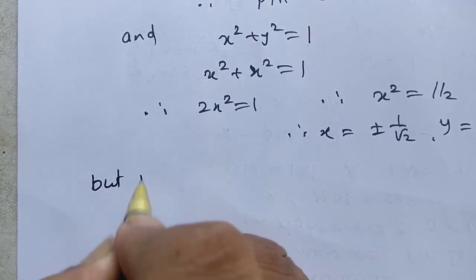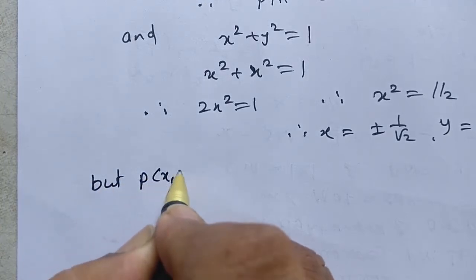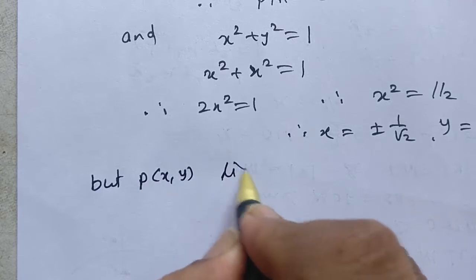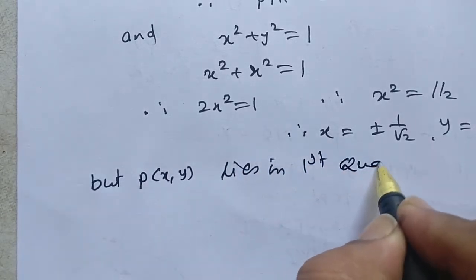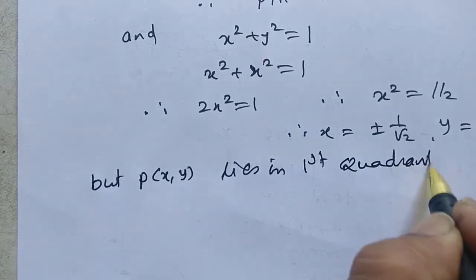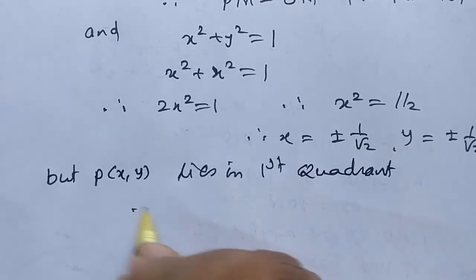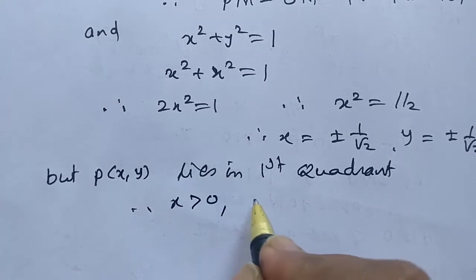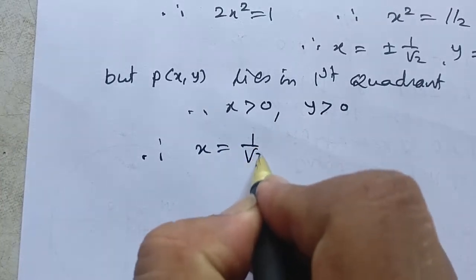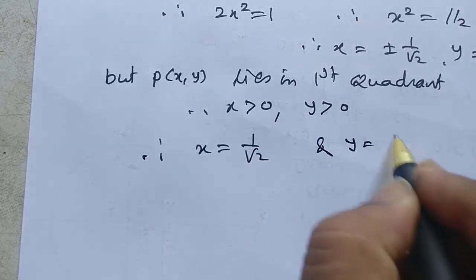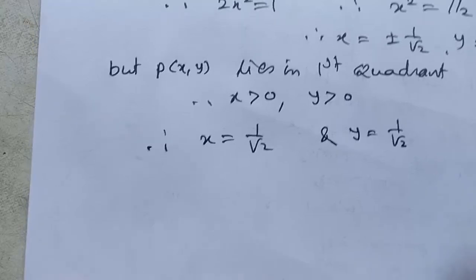But point P(x, y) lies in first quadrant. Therefore, x is positive, y is also positive. Therefore, x is equal to 1 upon under root 2 and y is also 1 upon under root 2.